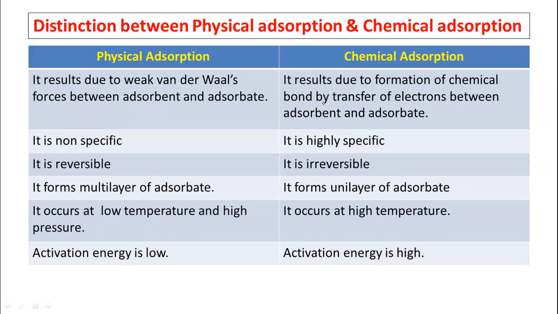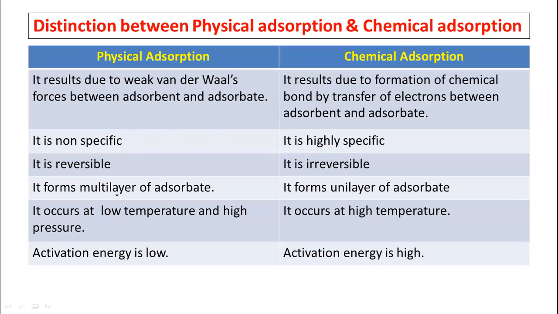In chemical adsorption, there is a chemical bond between the surface of the adsorbent and the adsorbate. Physical adsorption is non-specific, while chemical adsorption is highly specific. Physical adsorption is a reversible process. Chemical adsorption is an irreversible process.